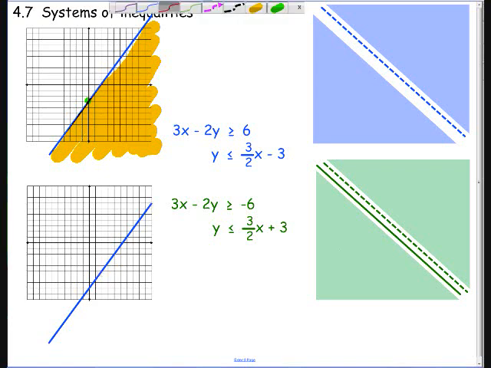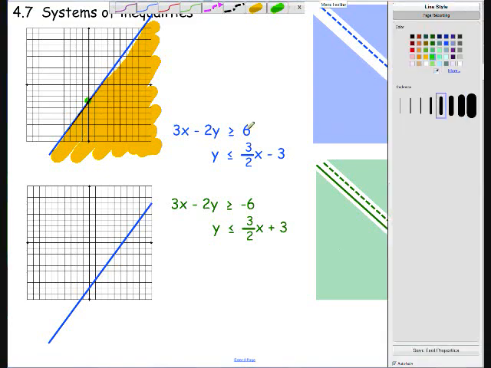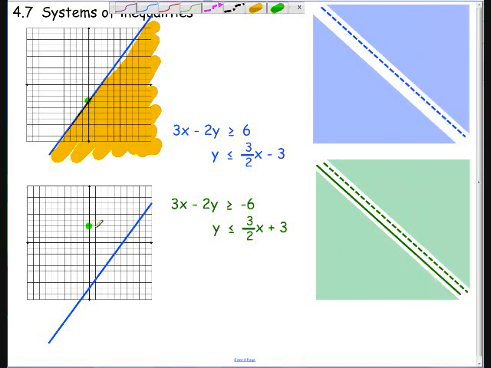So mark that at +3 right there. Move my line, which is at the right slope right now, into the correct position. And how am I going to do my shading? Above or below this line? I'm going to be below it right here.